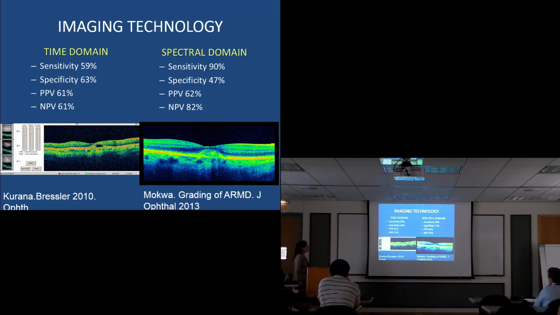So again, the time domain image would take a scan through the retina and we would see a lesion like this, low reflectivity. But actually with the same patient who was re-imaged with spectral domain, this probably represents a vitelliform deposit, which is common to see in patients who have a genetic predisposition to macular degeneration.